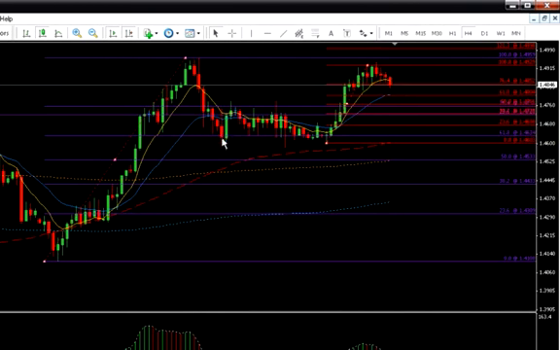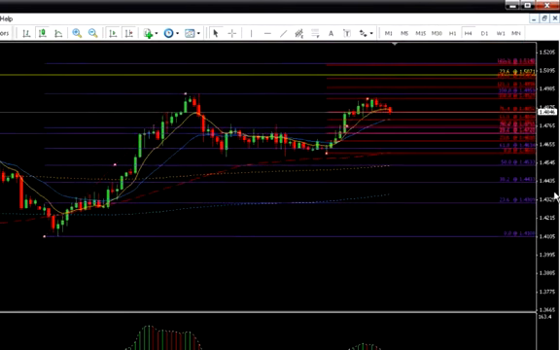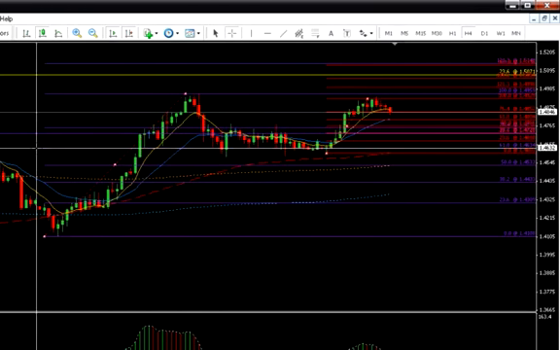Okay, so if it finds resistance here, as you can see on the 61.8, the trick is to count 4 levels away from that level. So there's the purple line there. If I get a crosshair out, you'll probably be able to see it. So there's where the price action has stopped.